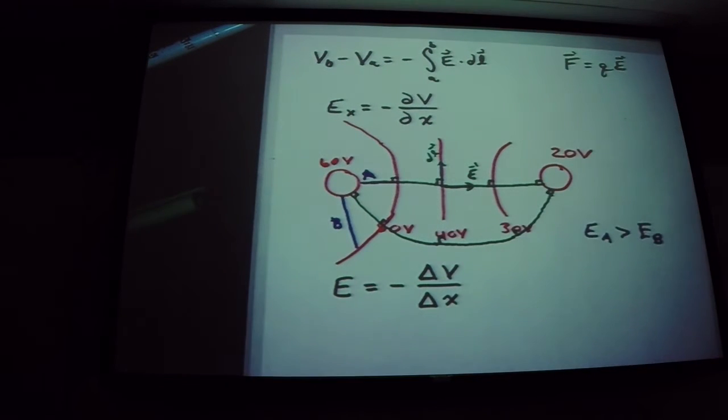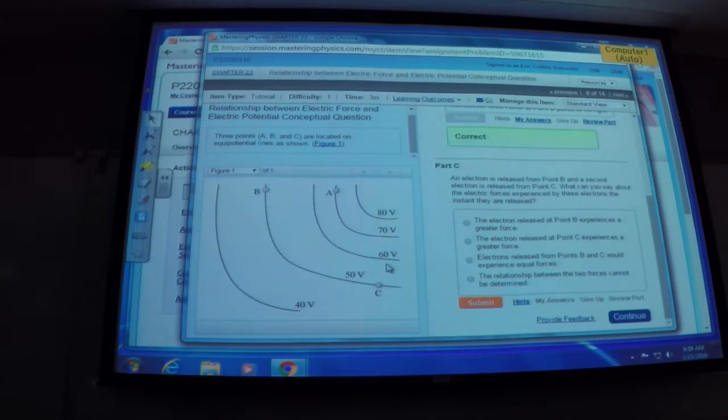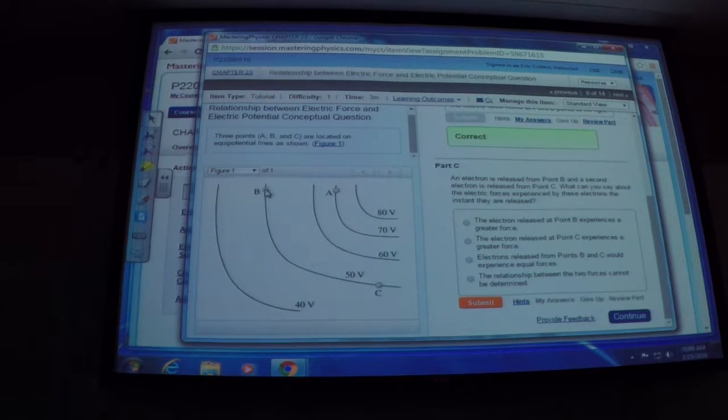So really what they're asking is which one of these two points has the greater electric field? It's C, because you notice that these two lines are closer than these two lines. So C is going to have the greater force.